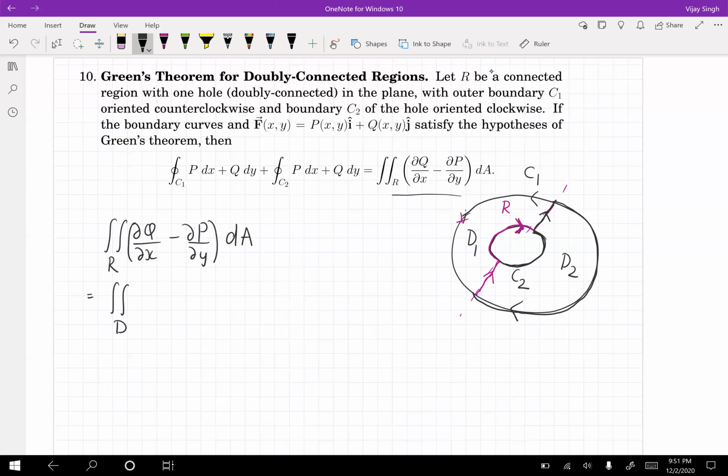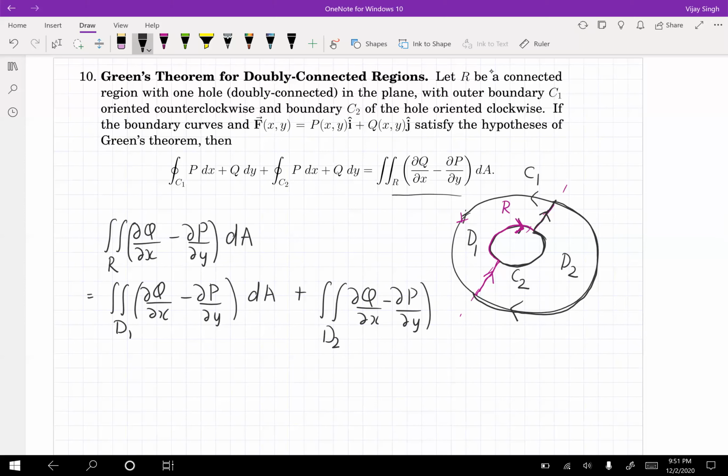We have the integral over D1 of ∂Q/∂x minus ∂P/∂y dA, plus the integral over region D2 of ∂Q/∂x minus ∂P/∂y dA.